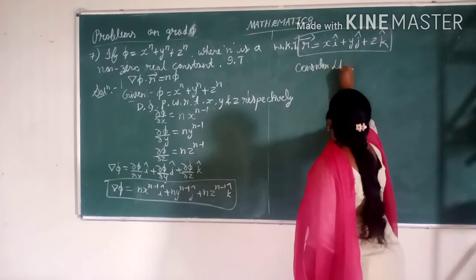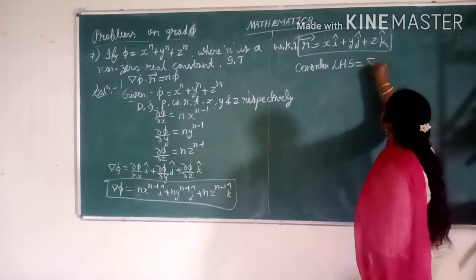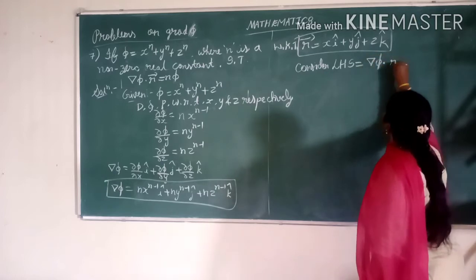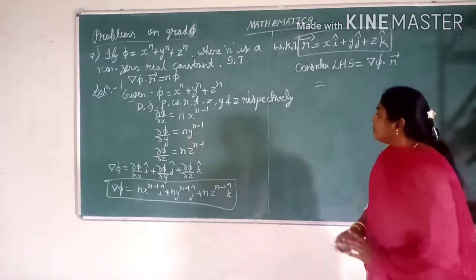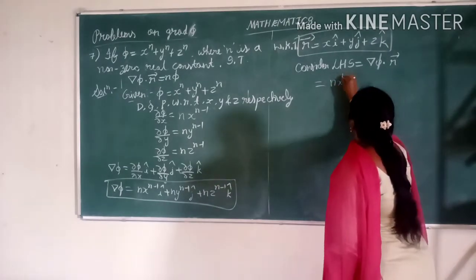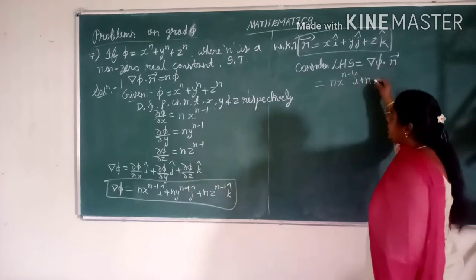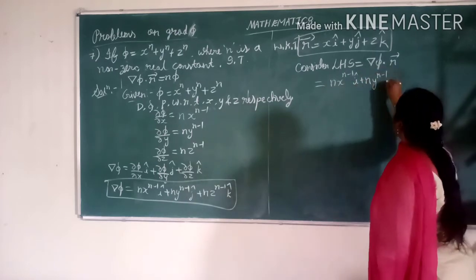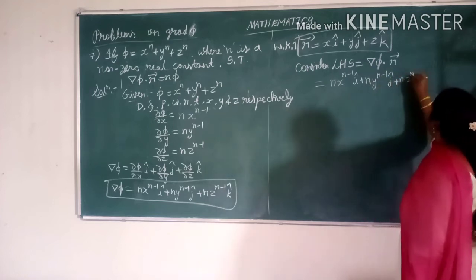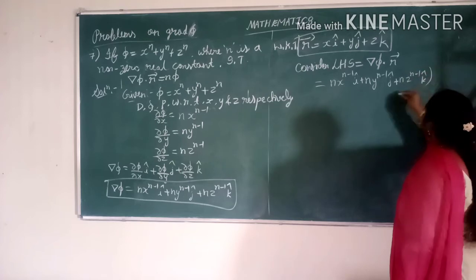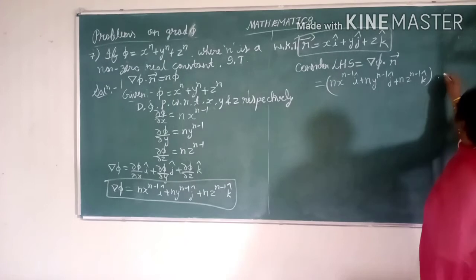Consider the LHS. What is the LHS in the given equation? The grad φ dot vector R. Substitute here. What is the value of grad φ? n into x to the power of n minus 1 into i cap plus n into y to the power of n minus 1 into j cap plus n into z to the power of n minus 1 into k cap, the dot product with vector R. What is the vector R?